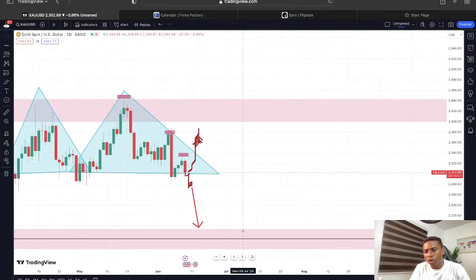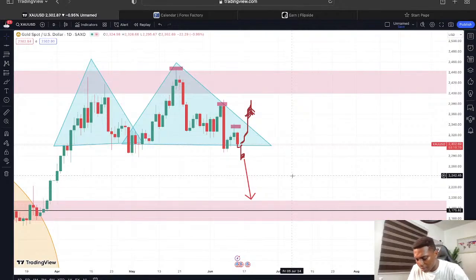Also, you cannot 100% control the outcome of the market. The market is beyond what you can control. The only thing you can control is your emotions and how you trade the market.